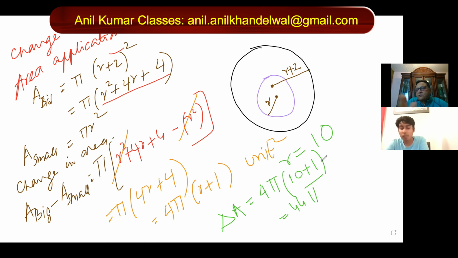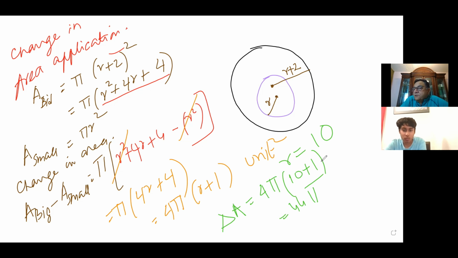We are given the value of r, so that could be one of the formulas, an application of the formula. Many examples we could have in this respect, for example, if I increase the length of a fencing, by how much will the area increase? These are very interesting questions.